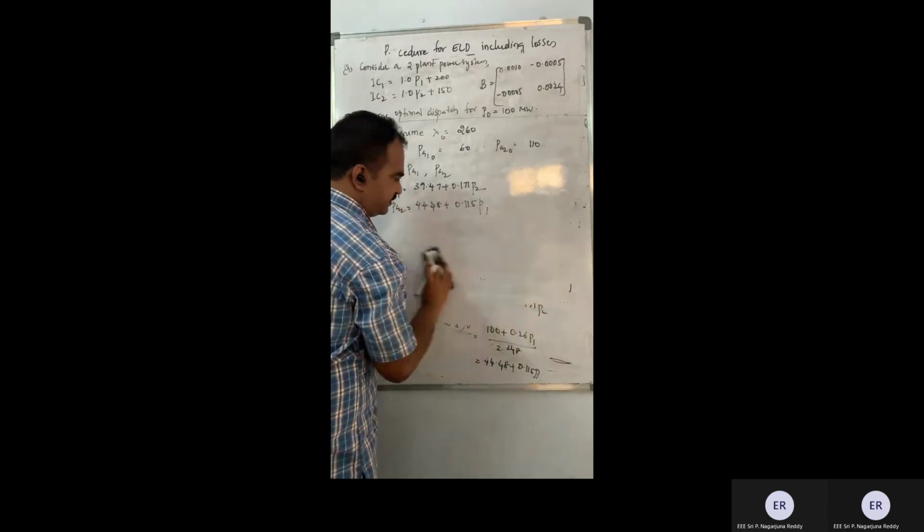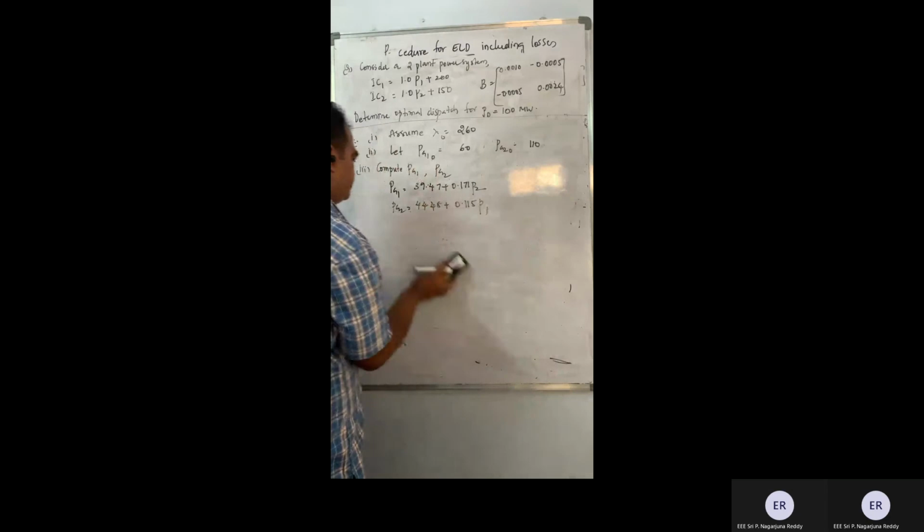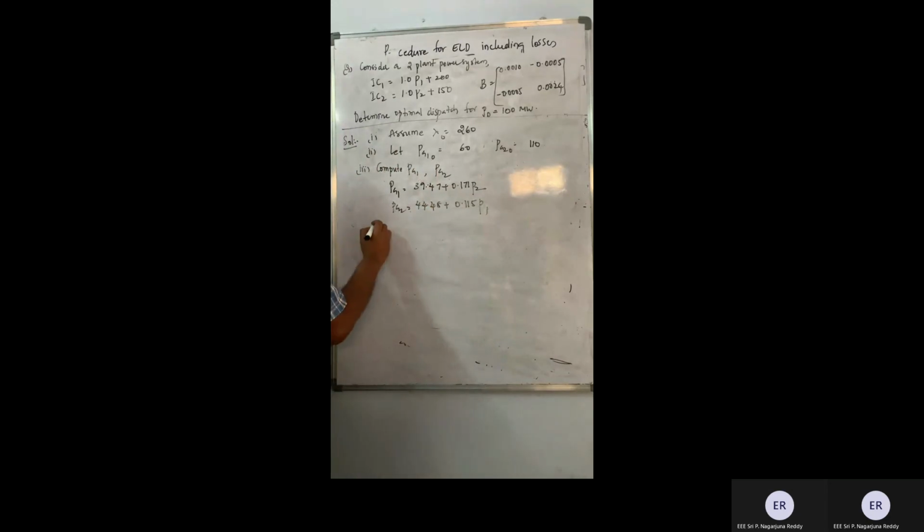I'll try to optimize them with the initial values which I do have. So initial values for Pg1 and Pg2. What were the initial values? 60 and 110. Now, what is next to Pg1? Pg1 is, to substitute 110 here. So what is the value of Pg1? 0.171 into 110 plus 39.47.